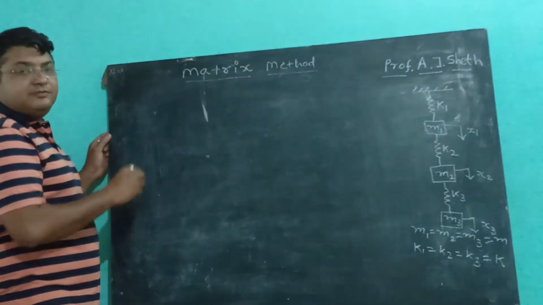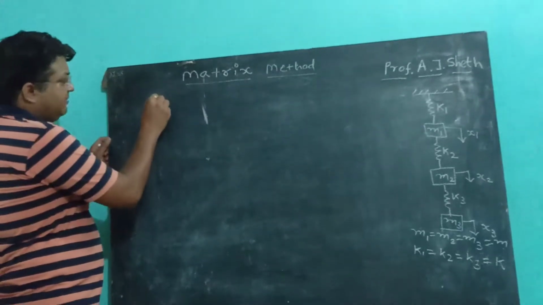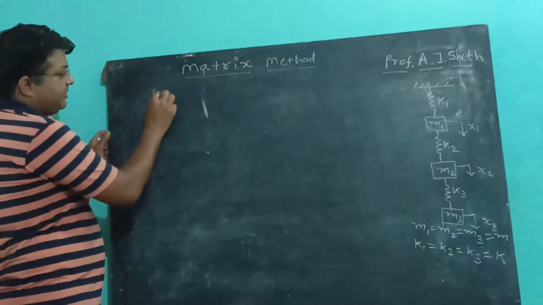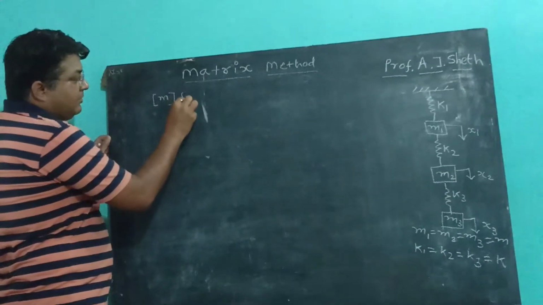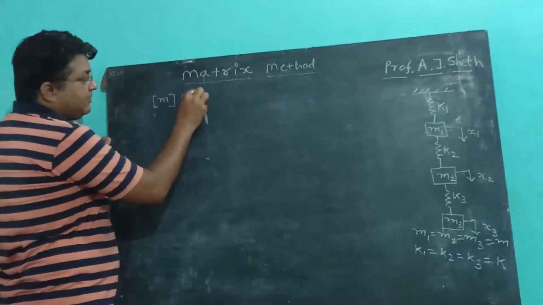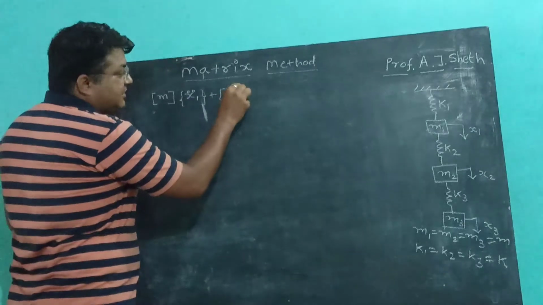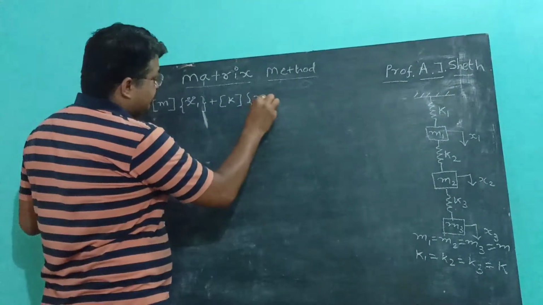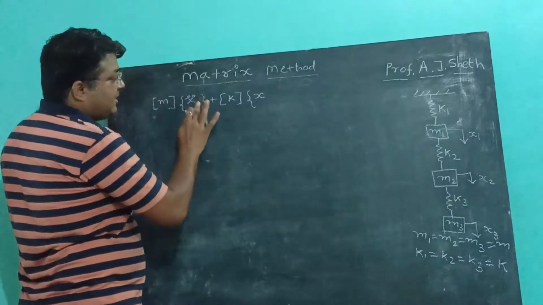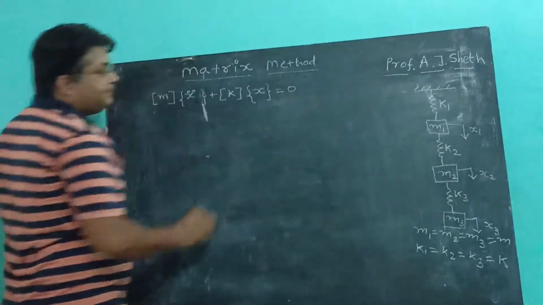Now the differential equation is presented by mass matrix into acceleration plus stiffness matrix into displacement, M x double dot plus K x is equal to 0.